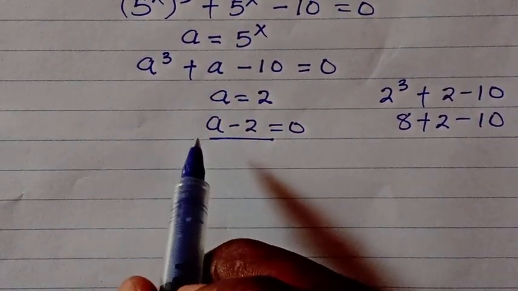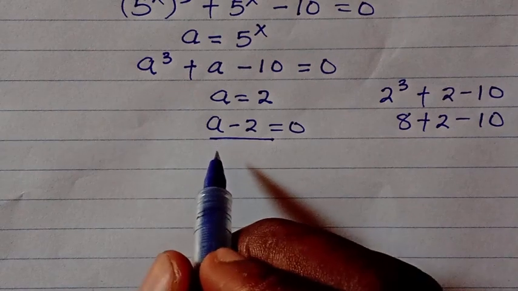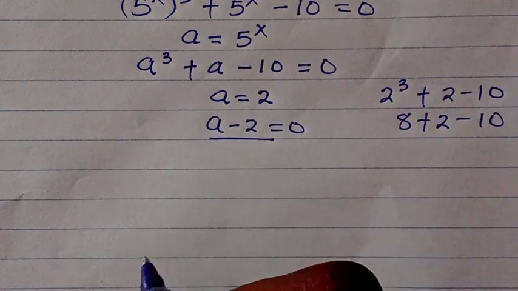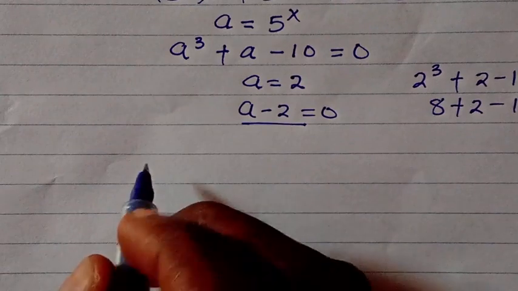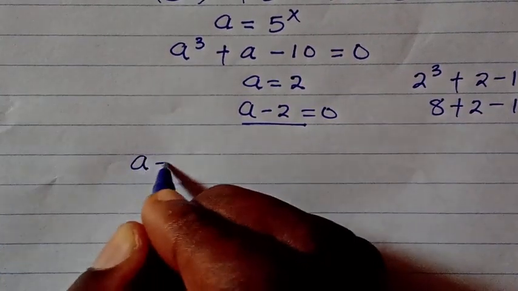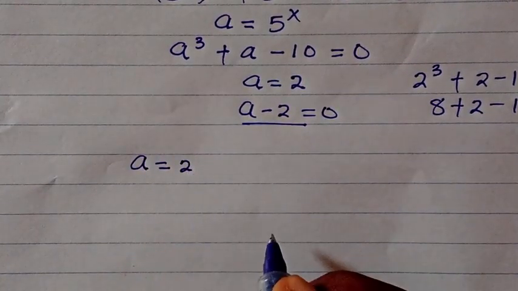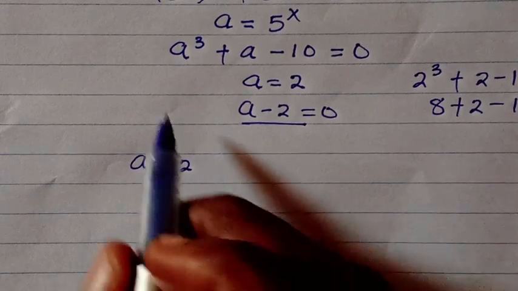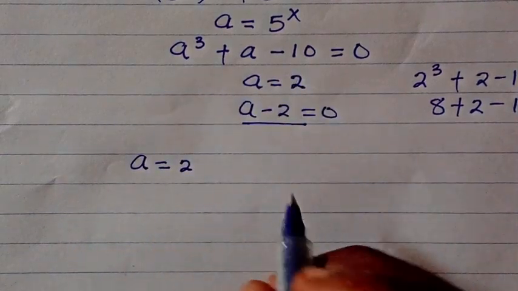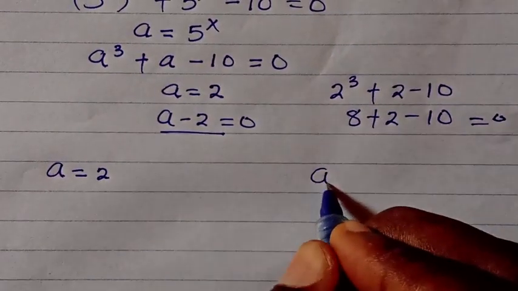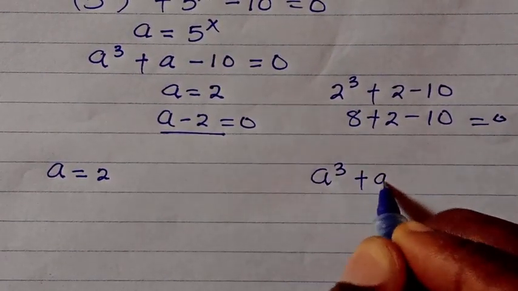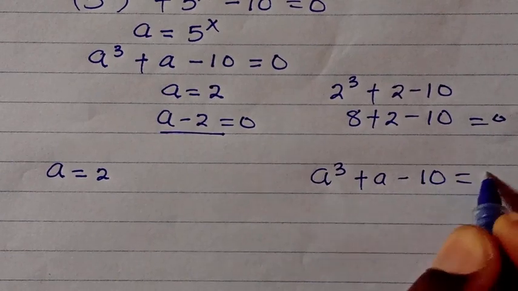To obtain the other roots, we are going to use the long division method of polynomials. So to apply that, we have a equals 2. We take all these things out, which is a cubed plus a minus 10 equals 0.